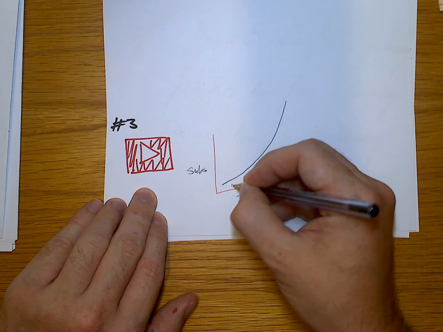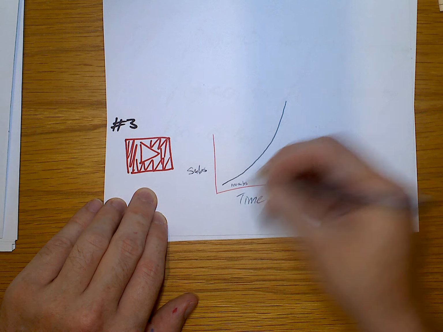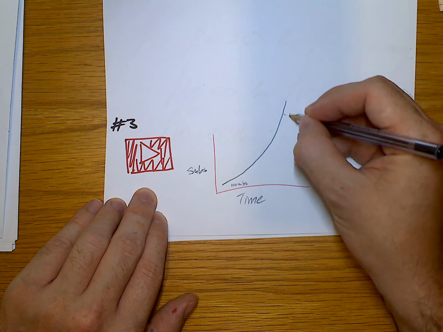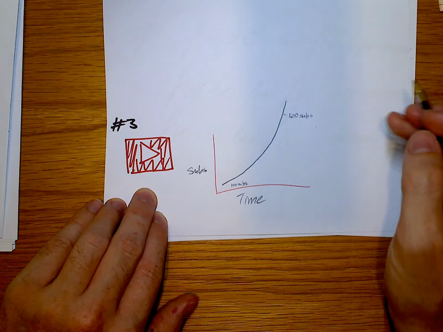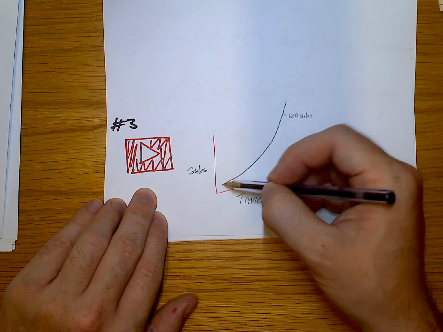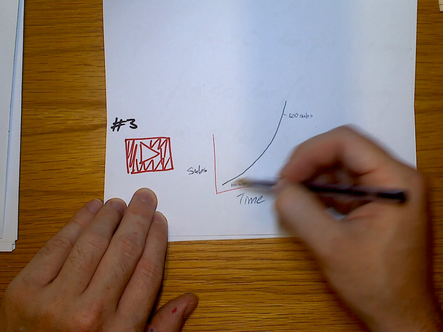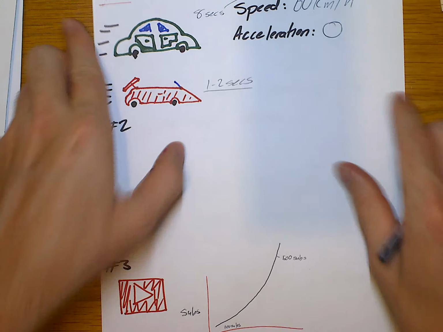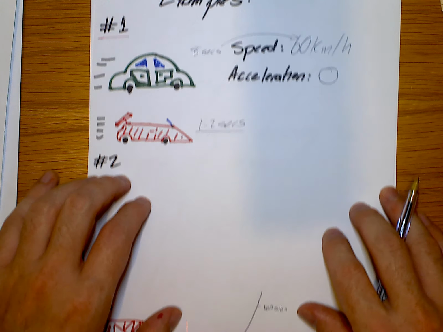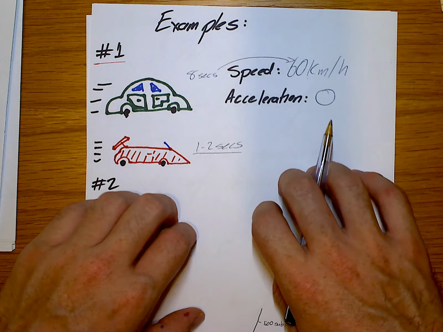Here they're getting 100 subs a day. Here they're getting, let's say, 500 subs a day. So it's showing not only a total increase, but that the rate at which they're getting them is increasing. I hope these examples have helped you understand the idea behind what we're going to be doing.